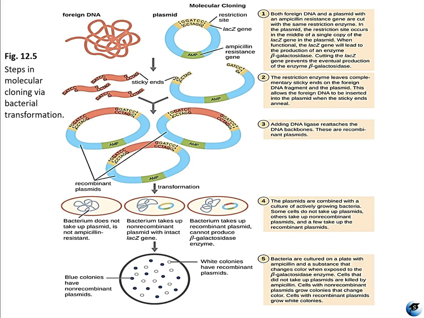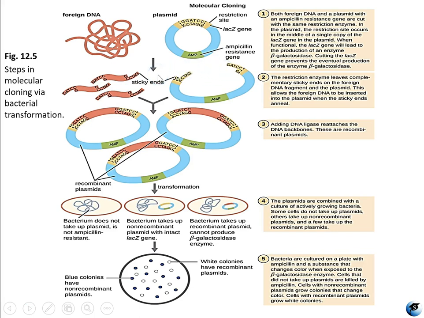This is figure 12.5, showing the steps in molecular cloning via bacterial transformation. Essentially, you have foreign DNA and a plasmid with an ampicillin-resistance gene. They're cut with a restriction enzyme, and the restriction site occurs in the middle of the lac gene in the plasmid.